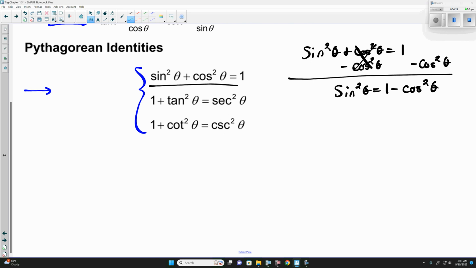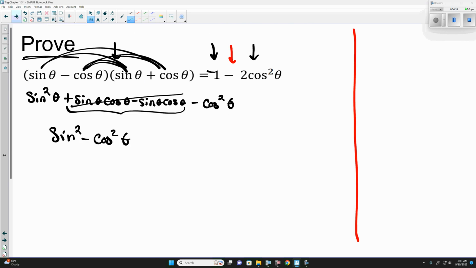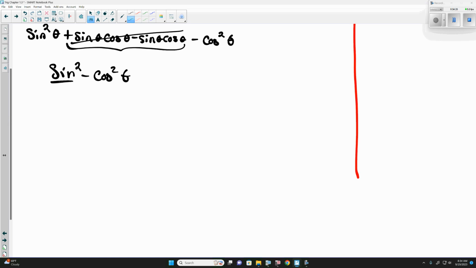So, with that in mind and coming back over here, I can now replace sine squared with 1 minus cosine squared of theta, minus cosine squared of theta, which gives us 1 minus 2 cosine squared of theta. Is that good? Now it's starting to make sense.